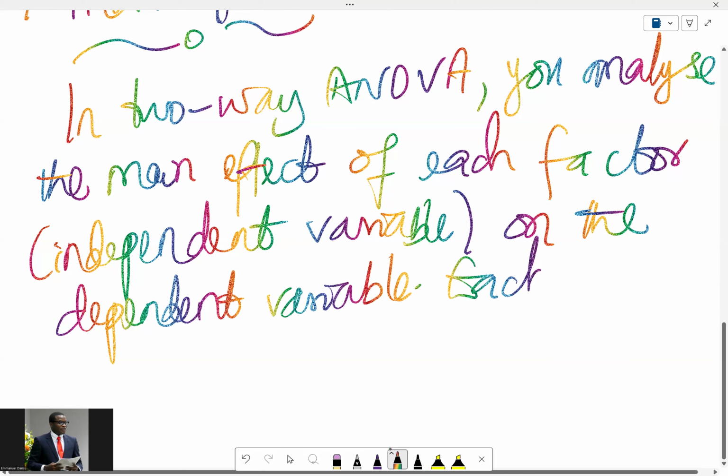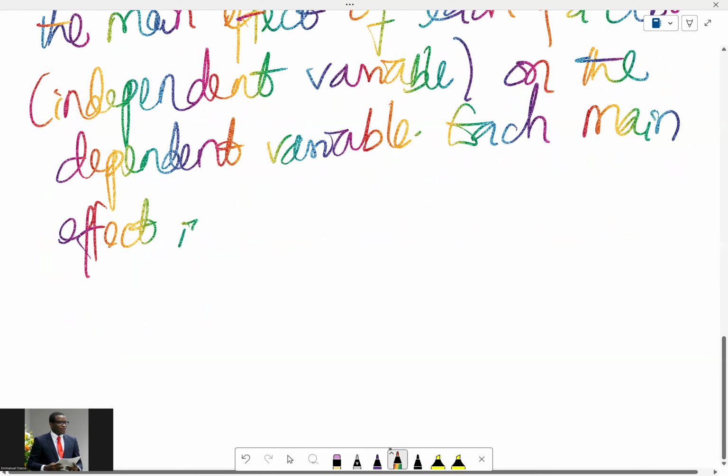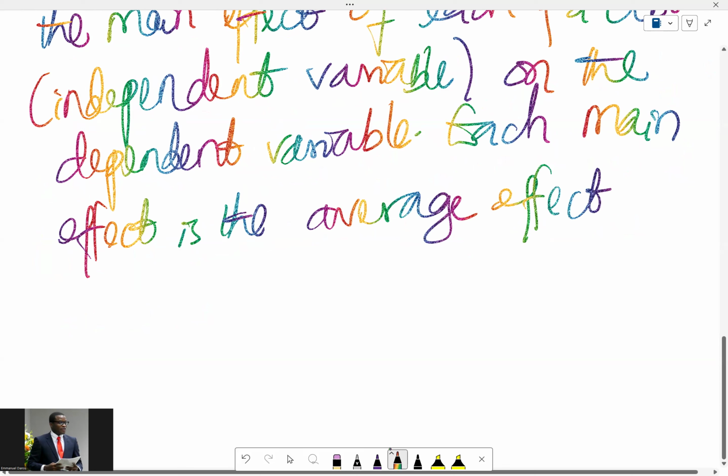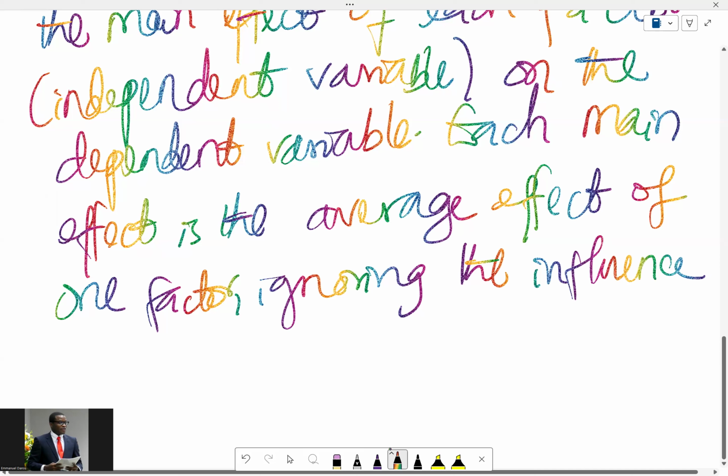Each main effect is the average effect of one factor, ignoring the influence of the other factors.